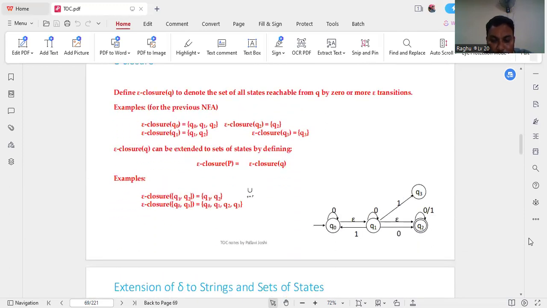In the given diagram, I want to find the epsilon closure of Q naught. Epsilon closure of Q naught is itself plus the epsilon reachable states from Q naught. Itself is Q naught. I can reach from Q naught to Q1 with epsilon, and from Q1 to Q2 with epsilon. So epsilon closure of Q naught is Q naught, Q1 and Q2.